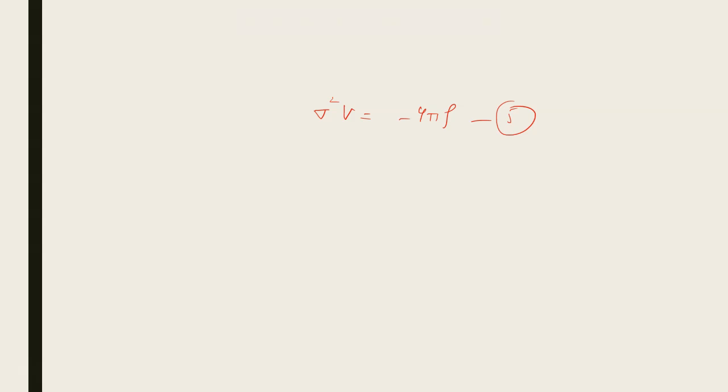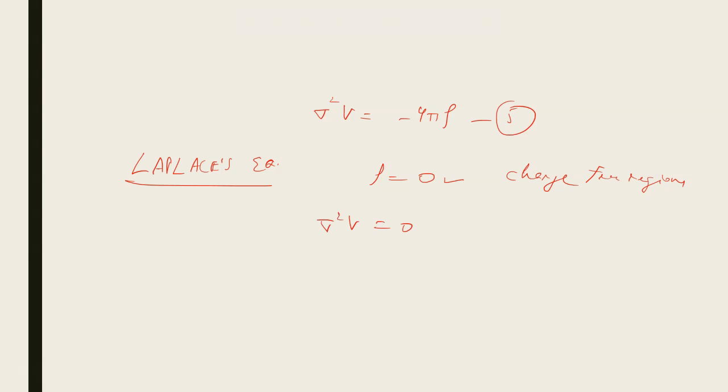Now second is Laplace equation. In regions where there is no charge, that is, in charge free regions where volume charge density rho is equal to 0, if we put rho equal to 0 in the Poisson equation, equation number 4, then del square V is equal to 0.